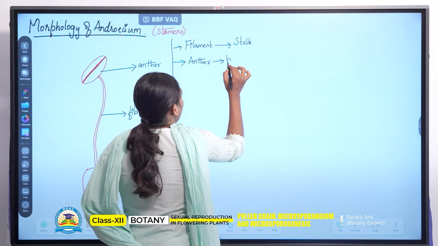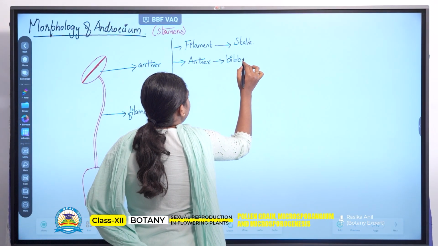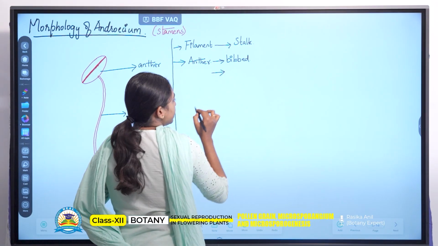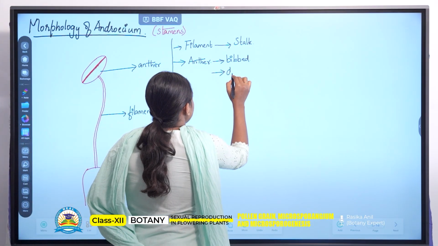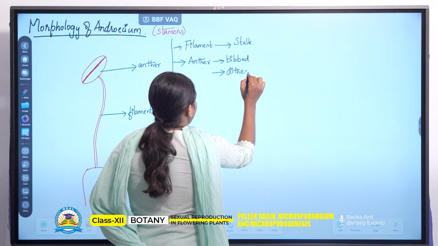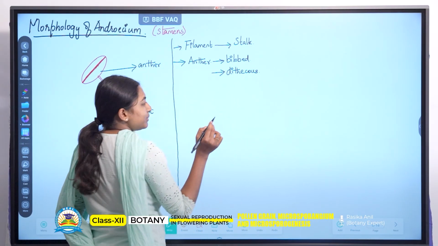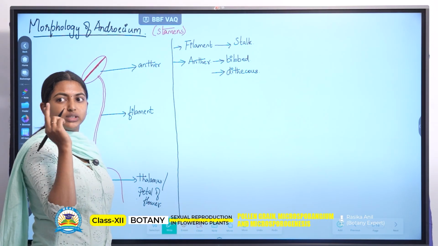Anther is bilobed. Bilobed means it has two lobes. Second, it is dithecous. Dithecous means, come on, decode it. Di means two, thecous means theca.